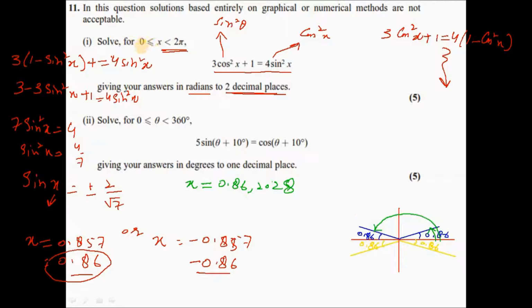If you wish to find the angle in the 0 to 2 pi range, your third solution starts from here till there, so it will be pi plus 0.86, that means around 4.00, and your next solution is till here, 2 pi minus 0.86, that means 5.43. So these are the four solutions of your equation in the range of 0 to 2 pi.